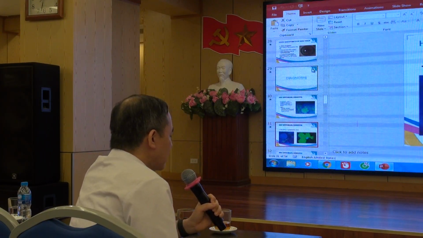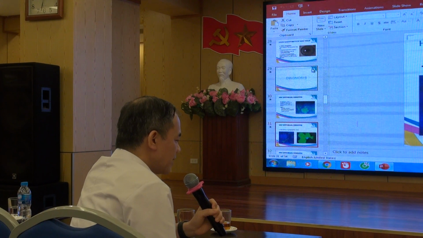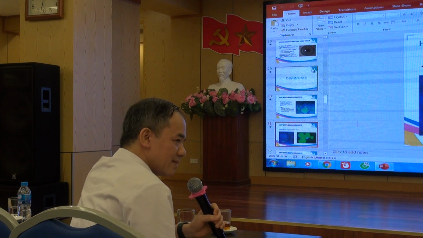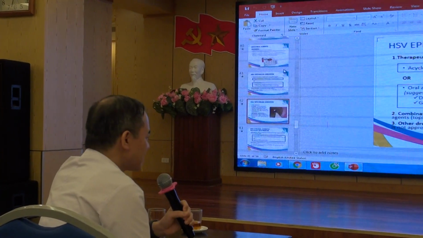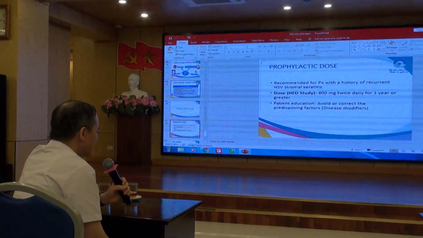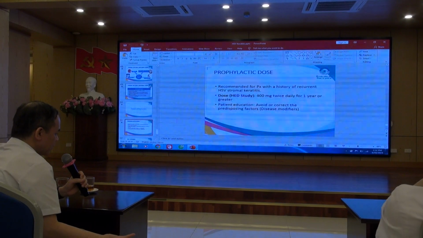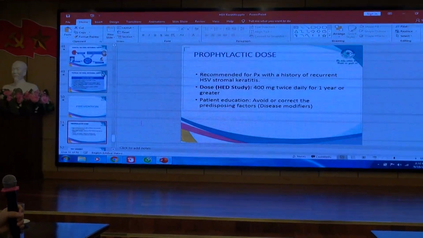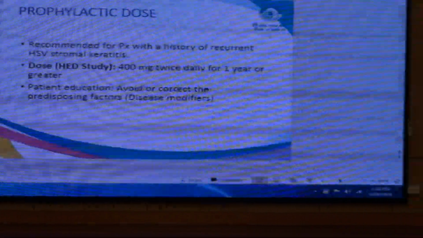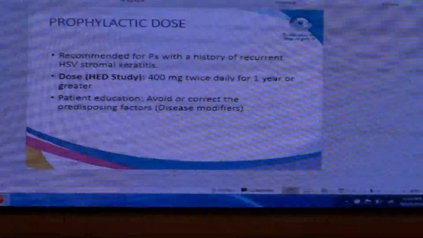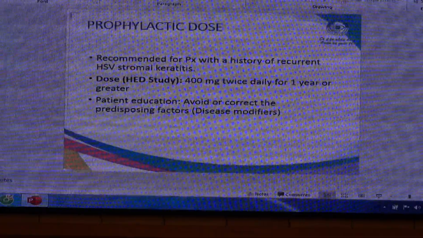The second one, what do you think we can do to prevent the recurrence of herpes keratitis? I don't know, you didn't show the prevention. No vaccination. In case of recurrence, what can we do to prevent it? In the guidelines, they give this dose for patients who have a history of stromal keratitis, but they don't mention other patients who have epithelial or endothelial disease.